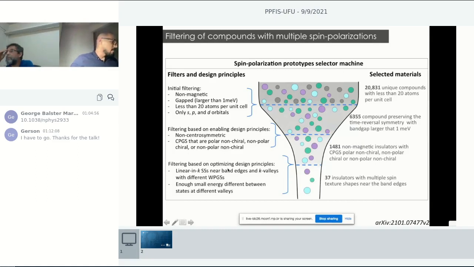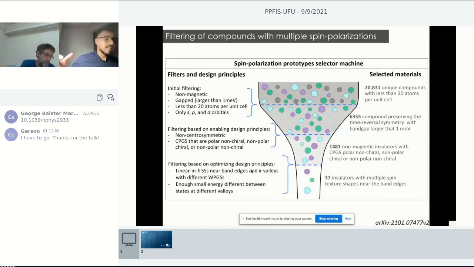And finally, we perform the calculations, and then we look at the dispersion of the band structure, and we try to select those that have a linear spin splitting. So essentially, we selected those with linear dispersion, but with this linear dispersion at different k values, okay?